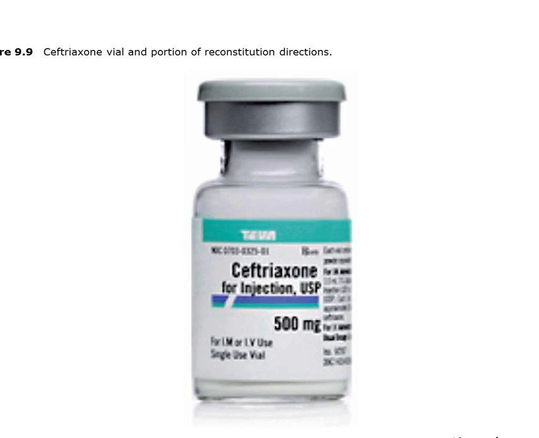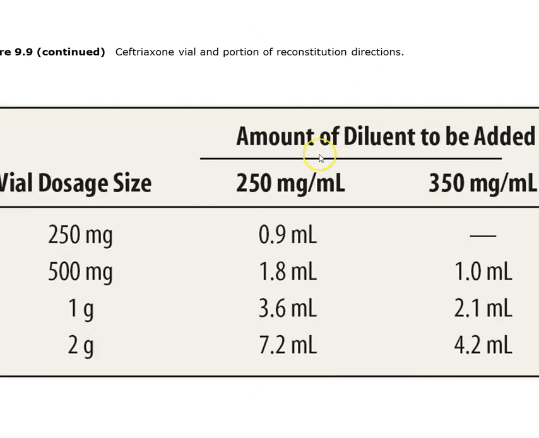What do I mix it with to get the proper dosage that I need to administer to my patient? And these are some examples. Depending on what the order is, this was a problem in your Olson books to do, depending on what you'd have to give. If you're given 250, you would use this diluent. If you're giving 500, and so forth.